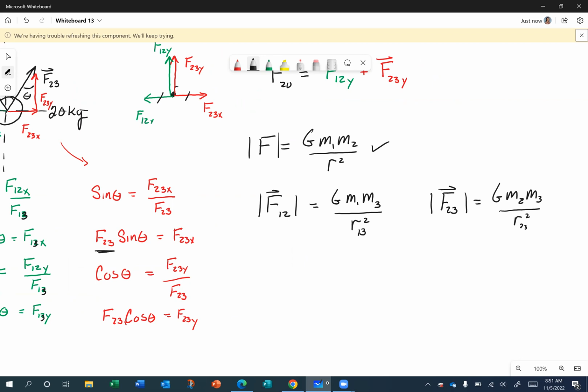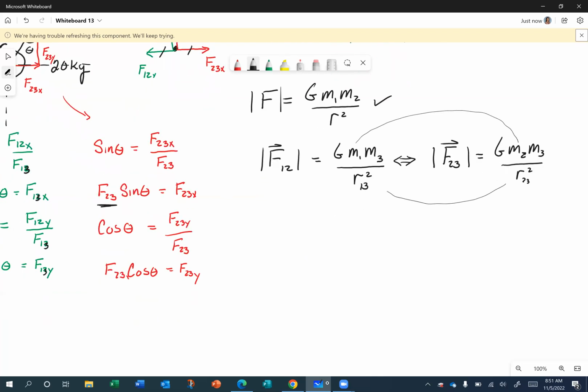So again, since mass 1 and mass 3 are equal to each other and the R values are equal, these are also equal, right? So they're equal to one another. So I'm just going to solve it one time. Don't need to put it in my calculators more than that.